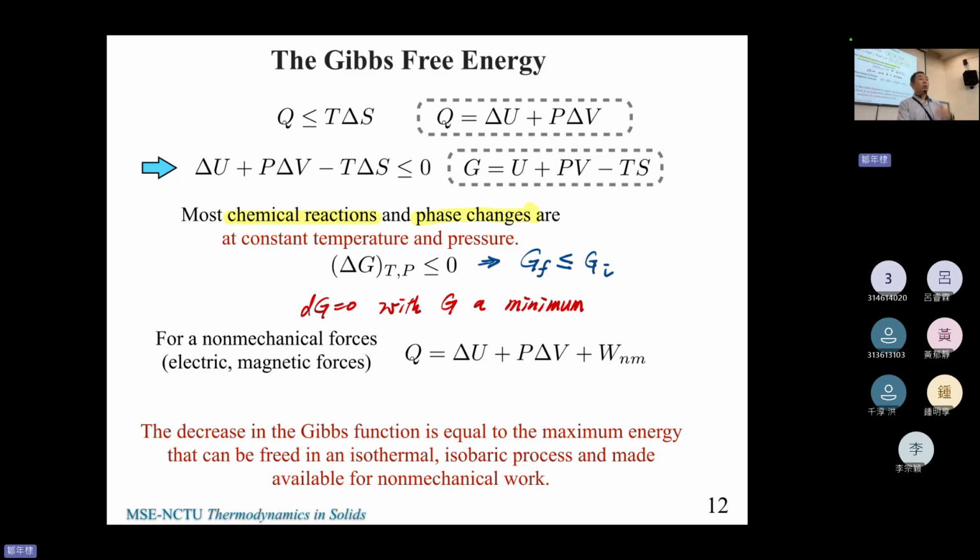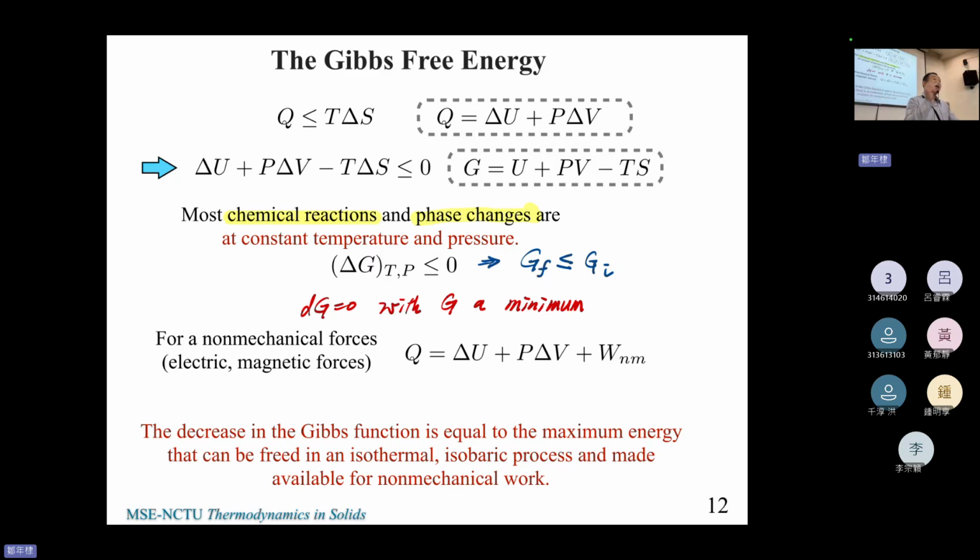So when Gi equals Gf, well, Gi is always greater than Gf. If there is no work input, it will try to make G go down. Gi is trying to be greater than Gf, so it keeps going down.